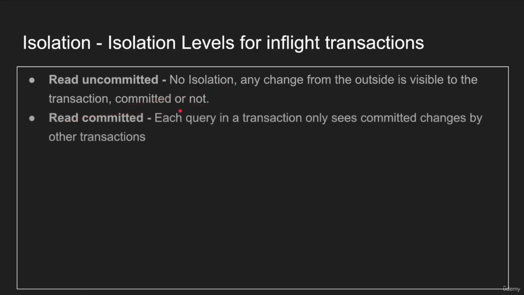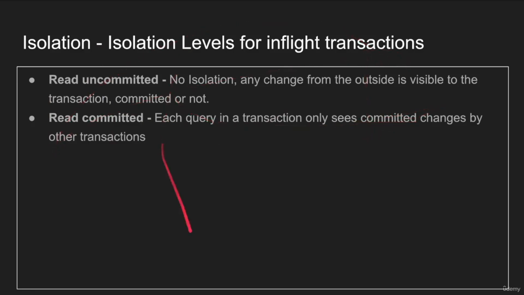Read committed. This is one of the most popular isolation levels out there, and a lot of databases optimize their engines for read committed workloads, which means each query in a transaction only sees committed changes by other transactions. We talked about that in the examples, right? So if there's a transaction that makes a change while I'm reading something, I'm not going to see this change unless the transaction commits it.